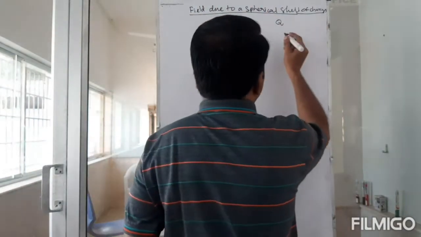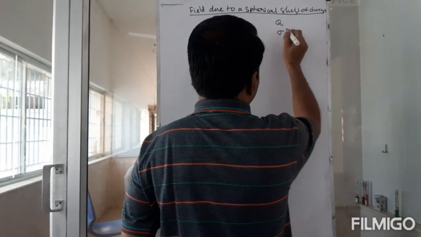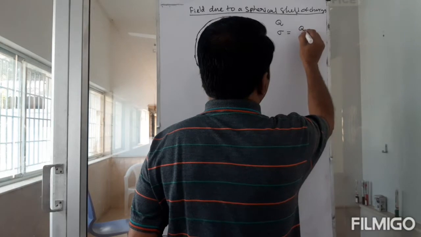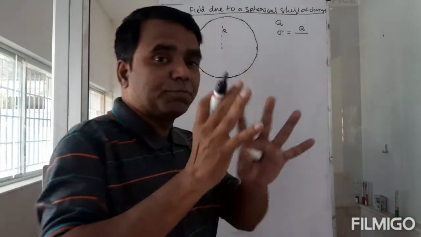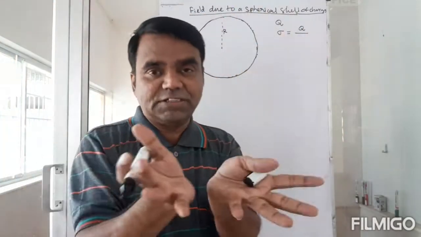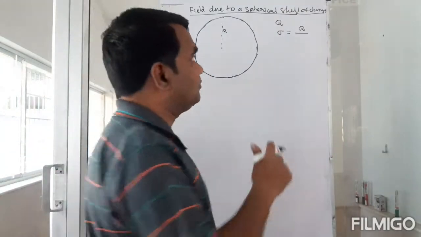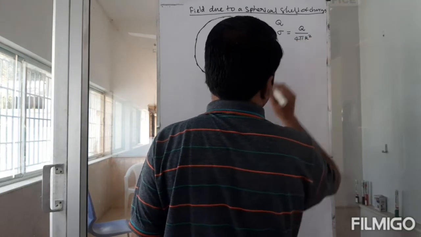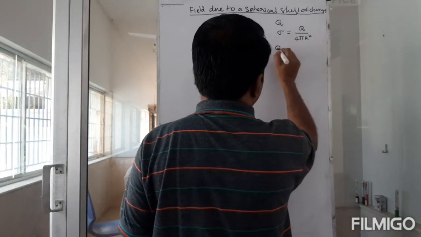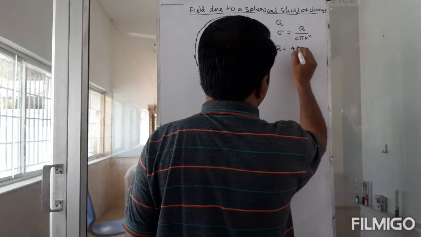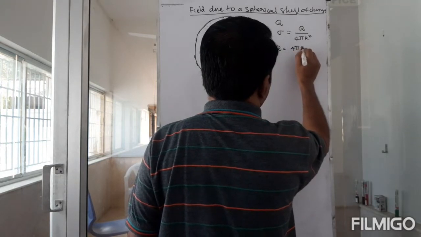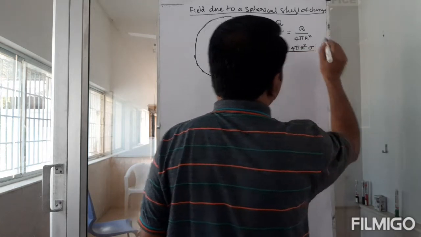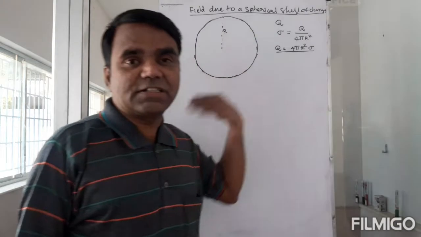So I'll say that I have a surface charge density sigma of Q by 4 pi r square, which would be the surface area of the shell, right? So sigma is equal to Q by 4 pi r square, or I can write that Q is equal to 4 pi r square into sigma. I can write it either way.